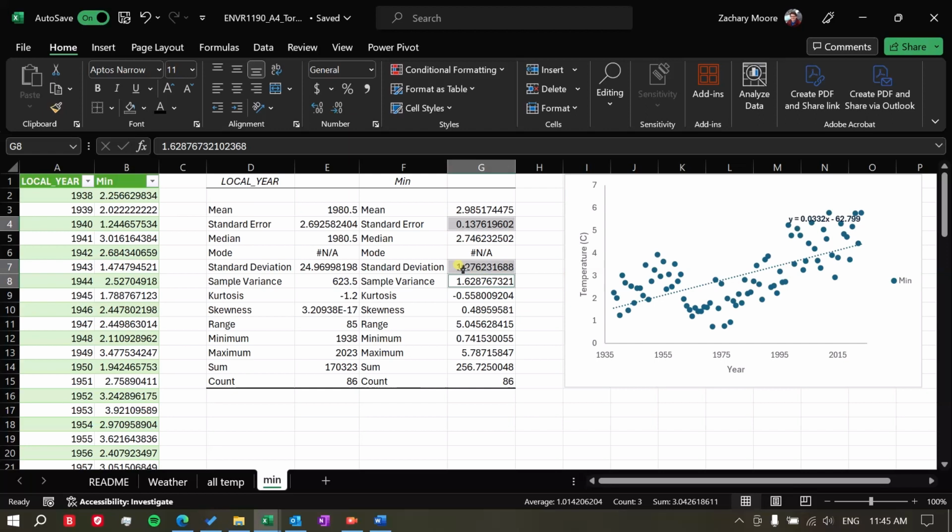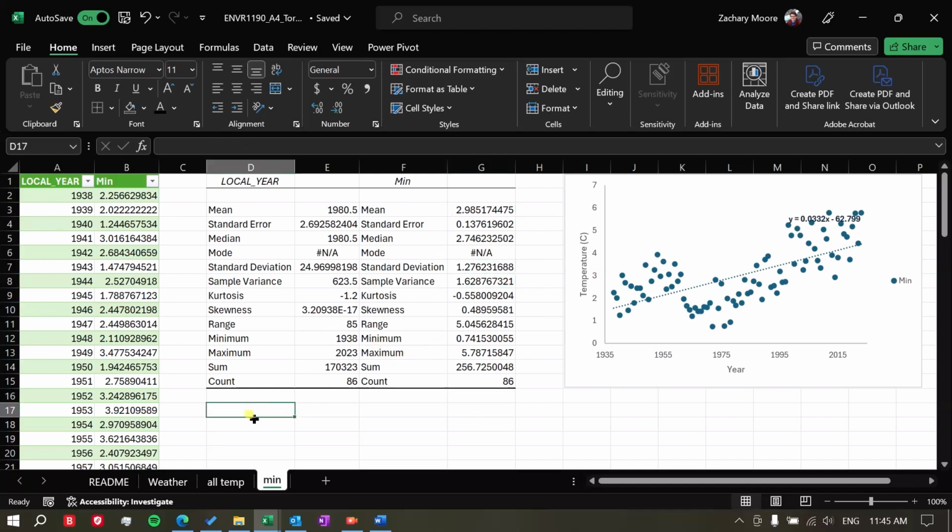Our variance is always the largest, and then we take the square root of the variance and we get the standard deviation. If we then take the standard deviation and divide by the square root of the count, that's how we get to our standard error. So variance is always bigger than standard deviation, which is always bigger than standard error. The key thing here is that standard error is where we get into the inferential statistics side of things, where we're trying to predict the error around our population mean, moving away from our sample mean.